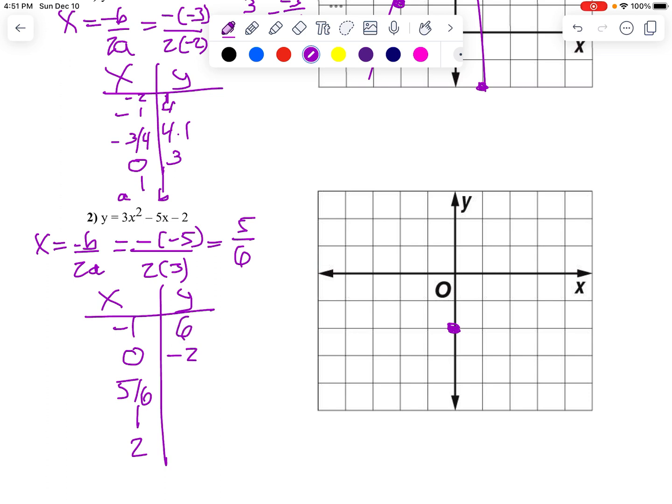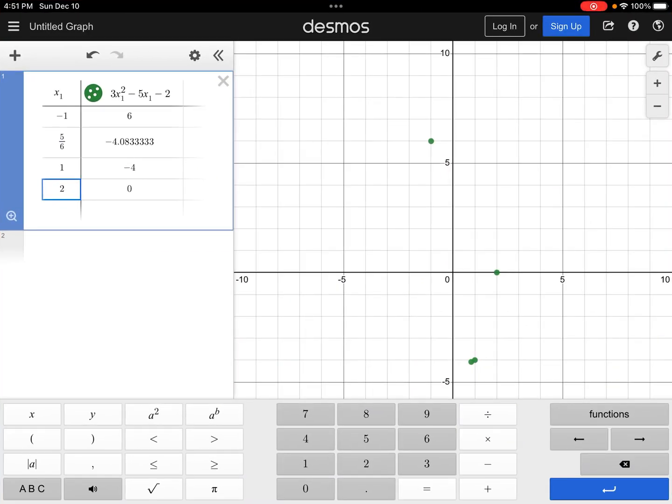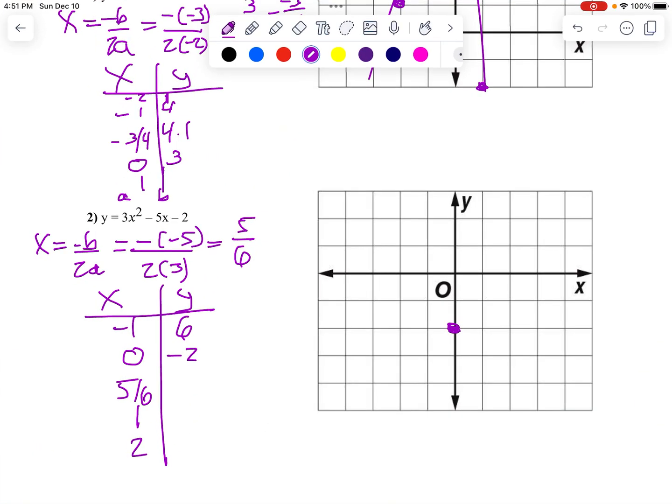So at negative 1, I'm going to be at 6. Oh, I'm way off the graph there, aren't I? So negative 1 is way up too high. Okay, at 5/6, I'll be at negative 4.1. And then over 5/6, here's 1, 2, 3, 4.1.